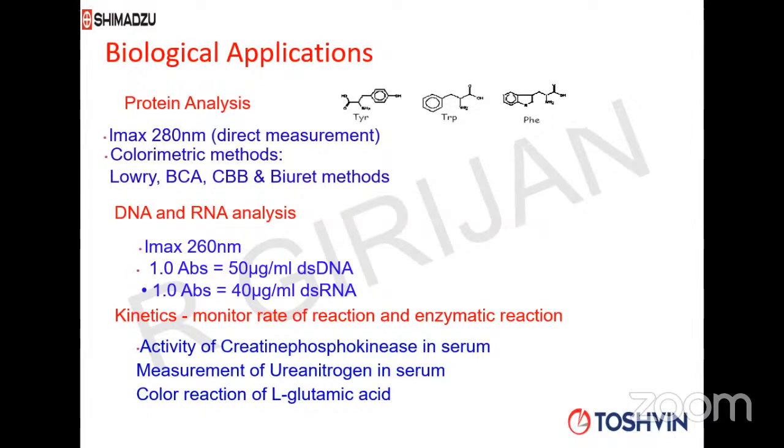So we have different applications for UV, and in the software there's a feature, by default, a kinetic mode. Using this kinetic mode, you can go for kinetic monitoring of certain reactions, and you can evaluate some enzymes. All those are possible. So plenty of applications in the biological field.